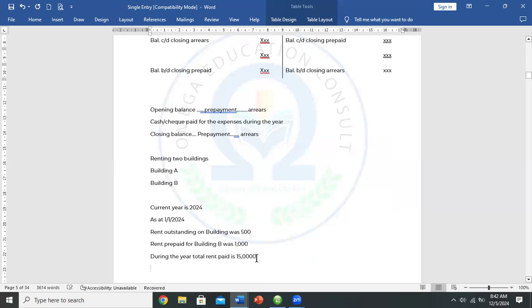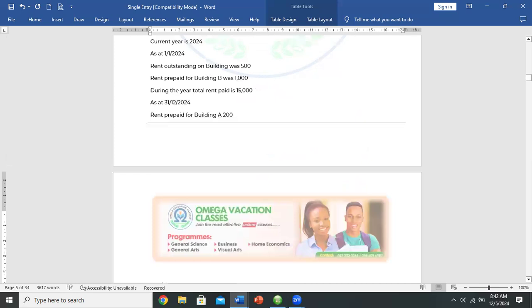Then, even though the year has not ended yet, as at 31st December 2024, we had rent prepaid for building A 200 and rent outstanding for building B 300.